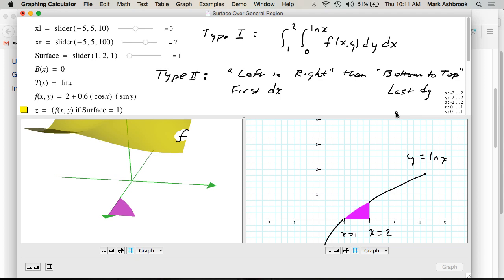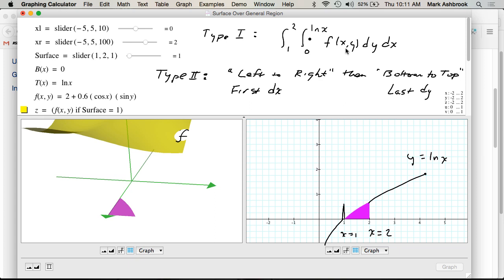So can we go from 1 to 2 and 0 to ln of x? Will it work? So can I just flip these? No, because when I go from 1 to 2, what will that really do? It's going to go from 1 to 2. All right, so it's not going to work.